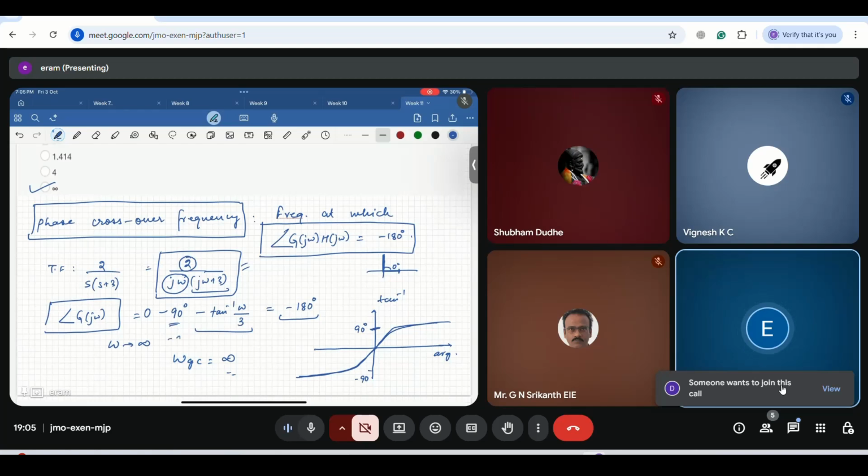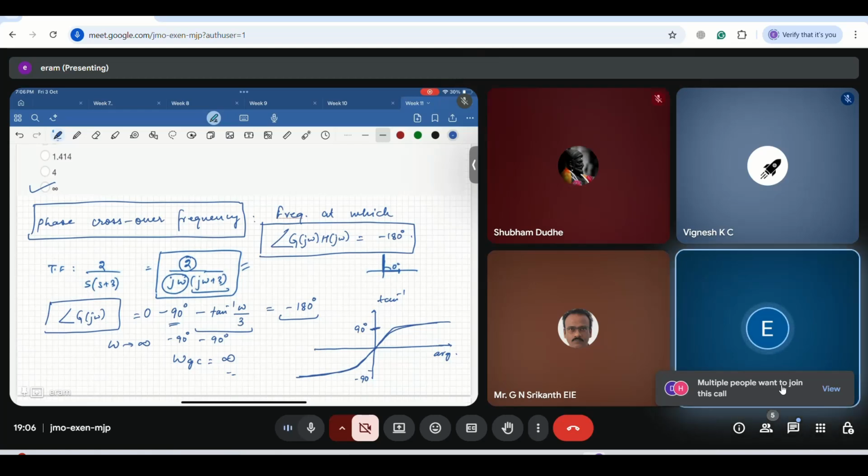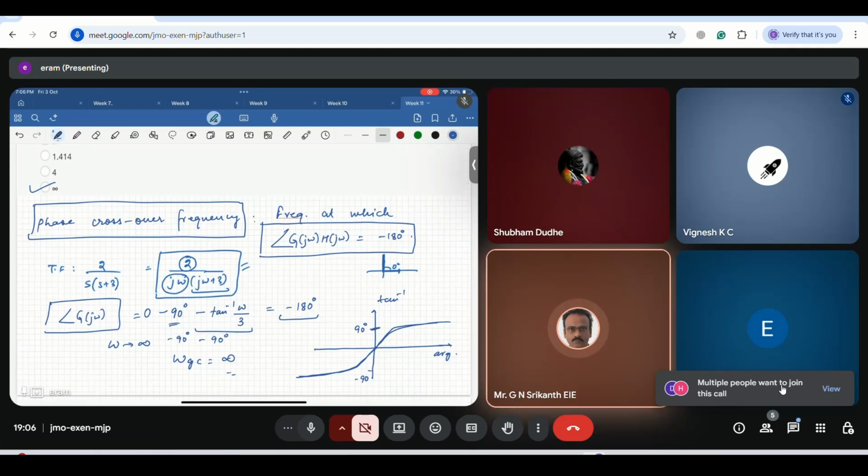For that we need minus 90 degrees from the tan inverse term, then we can get an angle of minus 180 degrees. And tan inverse gives you 90 degrees at infinity. So tan inverse of infinity gives you 90 degrees.